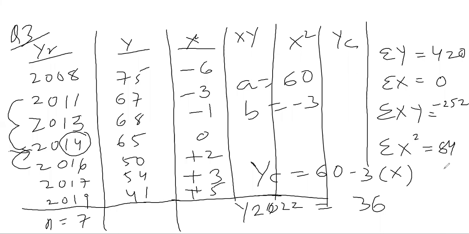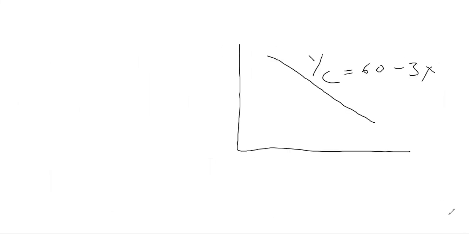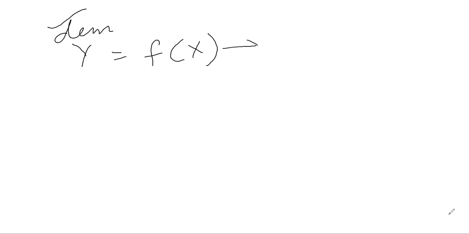Now, let me relax the assumption. I started with your YC, this is Y as your demand values and a function of X. This is my dependent variable, demand. My independent variable which I took was your time period because I was forecasting demand.